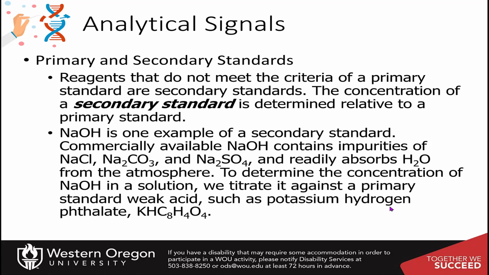So you can use a weak acid such as potassium hydrogen phthalate for this purpose. And we'll do preparation of a standard like this later in the term. You'll make a 1 molar solution of hydrochloric acid, and you'll need to use that as a secondary standard. So you'll need to confirm the concentration of hydrochloric acid in that sample by doing titration against a weak base.